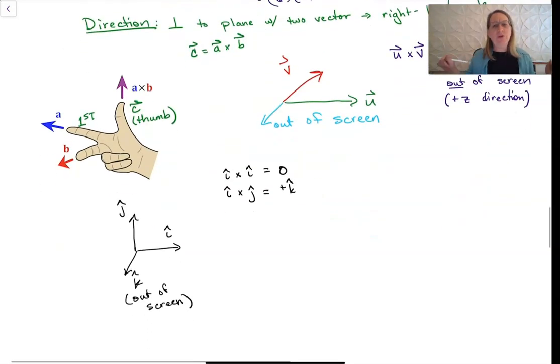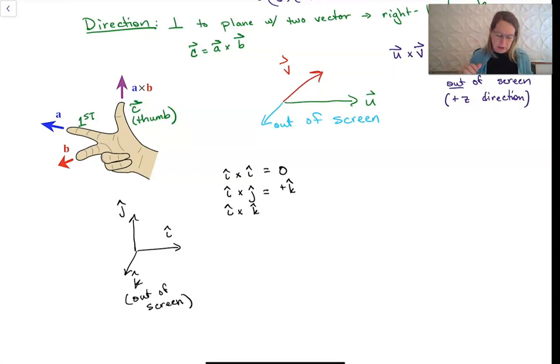So if I have two vectors that point in the same direction or 180 degrees apart, then the cross product is 0. And then I cross K. Again, I put my first finger in the direction of the I vector, and my K like this.